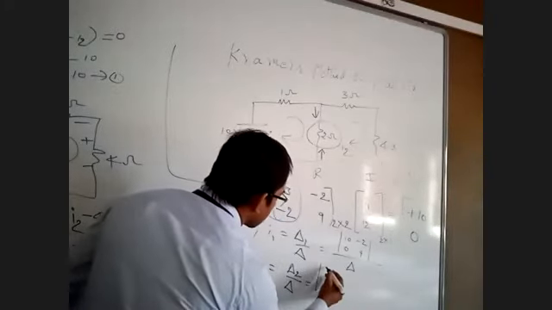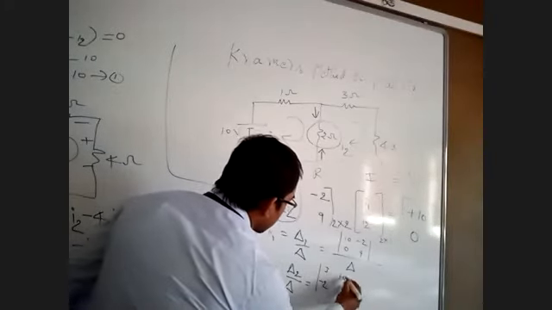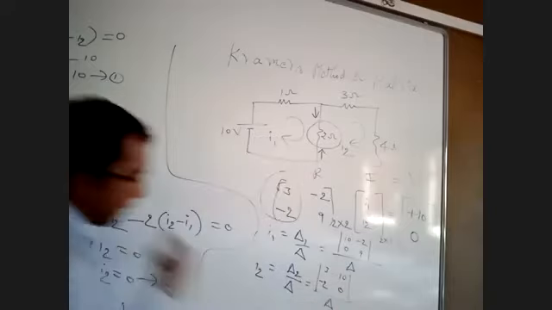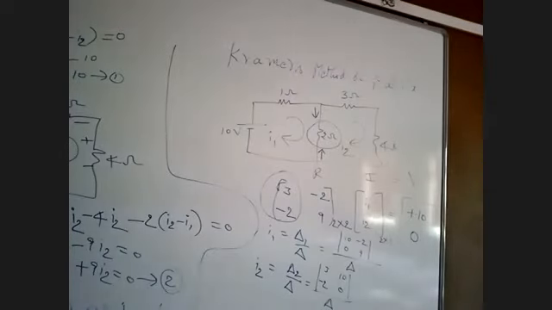Delta 2 means replace the second column with voltage values. See, in delta 1, we are replacing the first column with voltage values. On the right side, we have the voltages 10 and 0 in the first column. But in delta 2, the second column of the resistance matrix is replaced with 10 and 0.